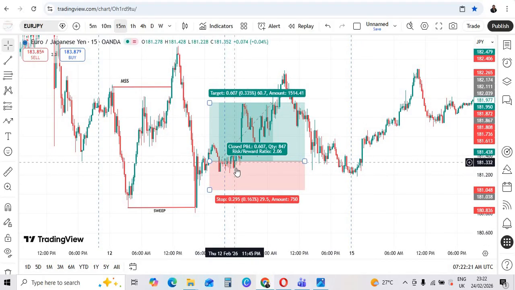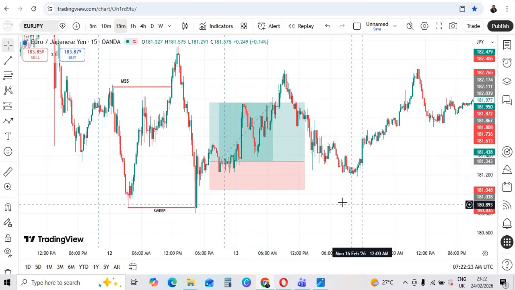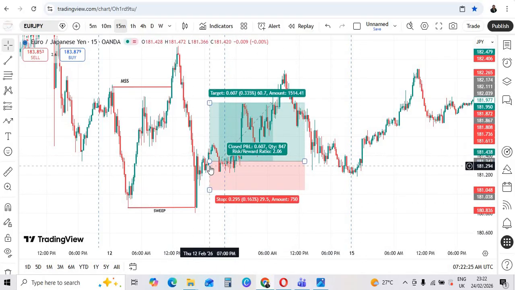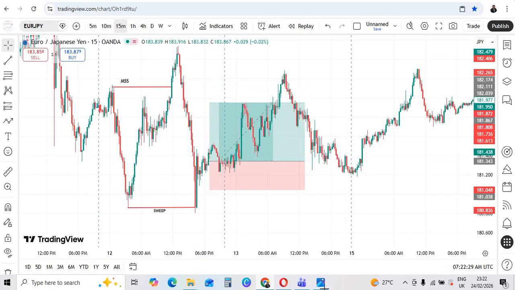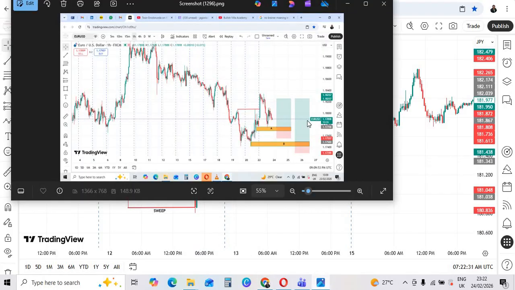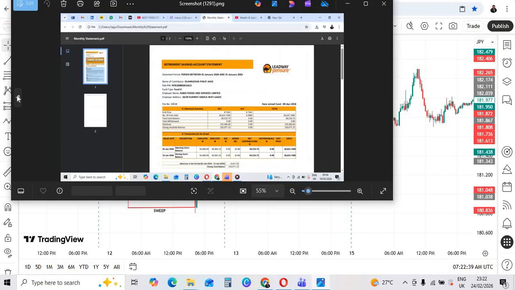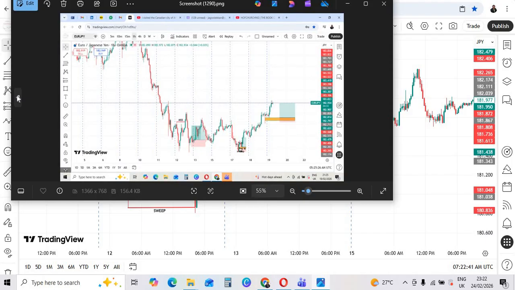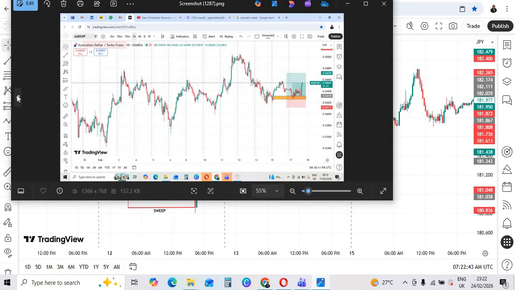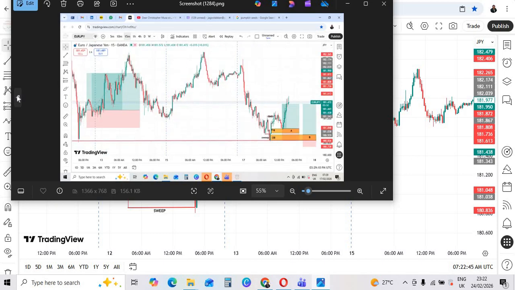Then I entered a buy. Now from this trade, I even entered two positions. I labeled this one A and the other one B. Let me show you. I'll show you the before of the trade.